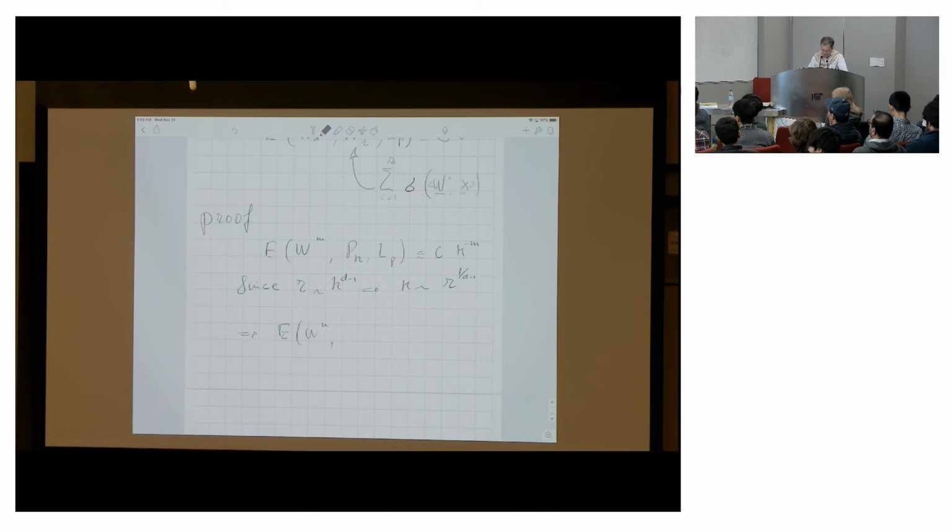E of W^M_p, where I called N_R the space of my neural networks with R hidden units, will be essentially like the same with polynomials of degree k in L^p, and this is C. Now replace the k here with R, and so I get R to the minus M over D minus 1.